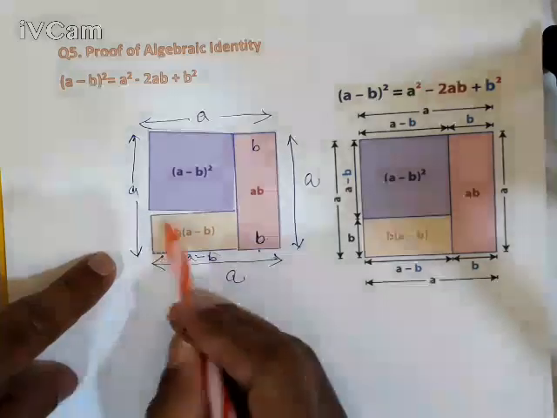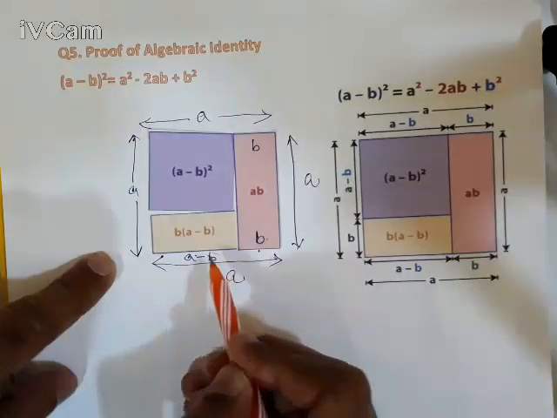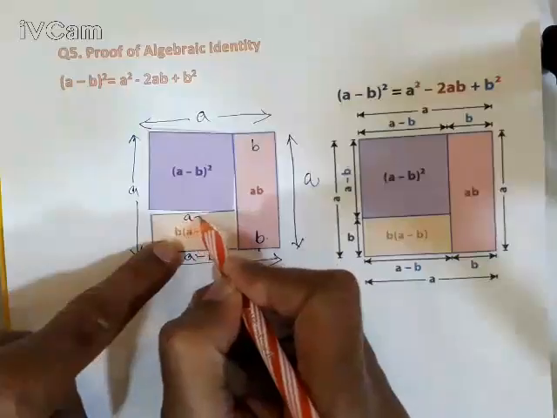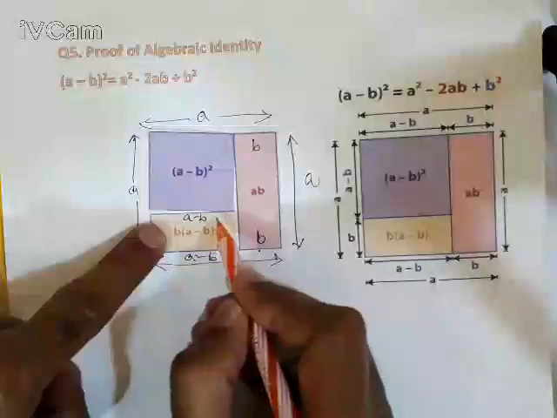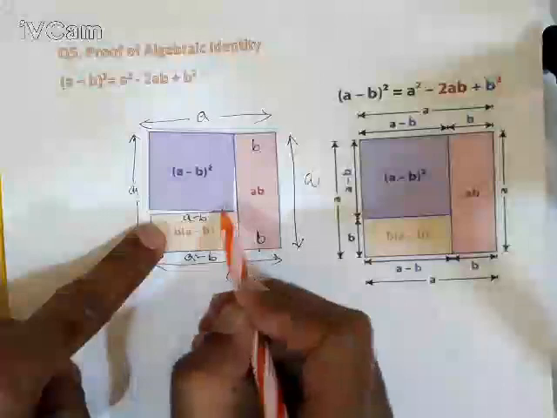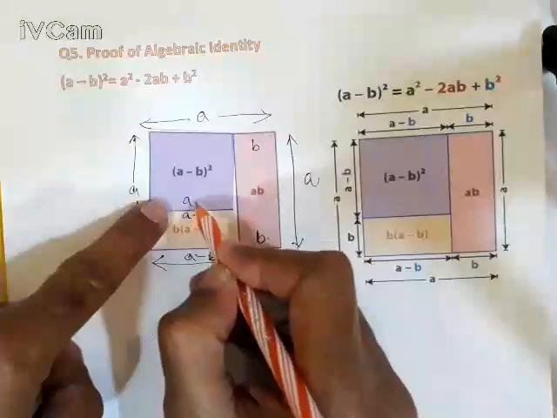And we know that this small shape is a rectangle. So if this one is a minus b, obviously this side is a minus b, and this rectangle has the same length as the square length, so it is also a minus b.